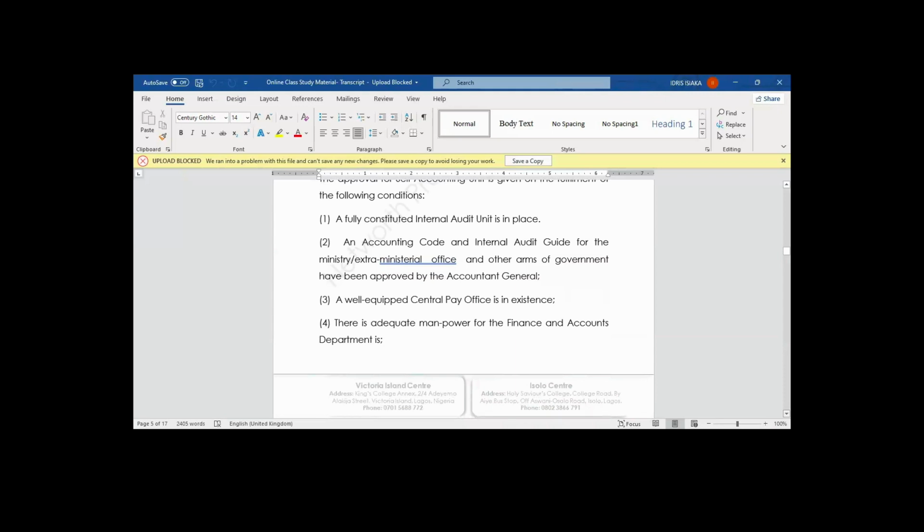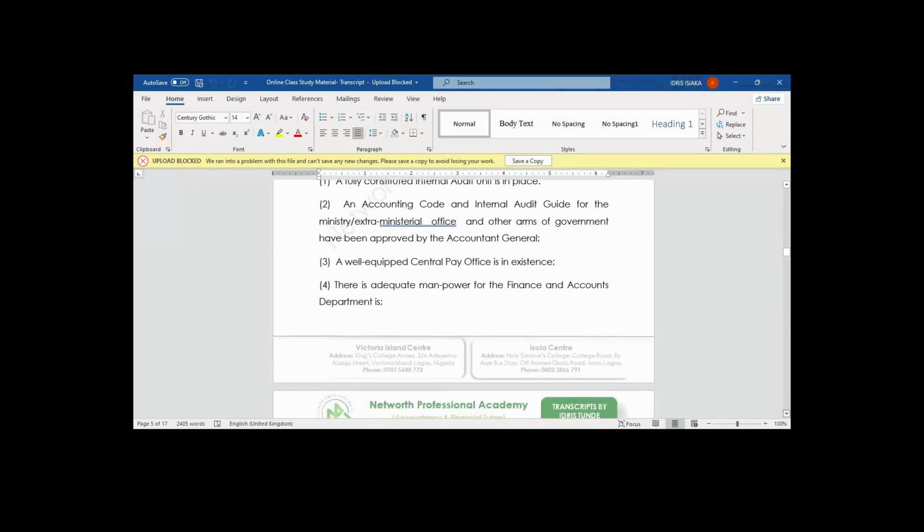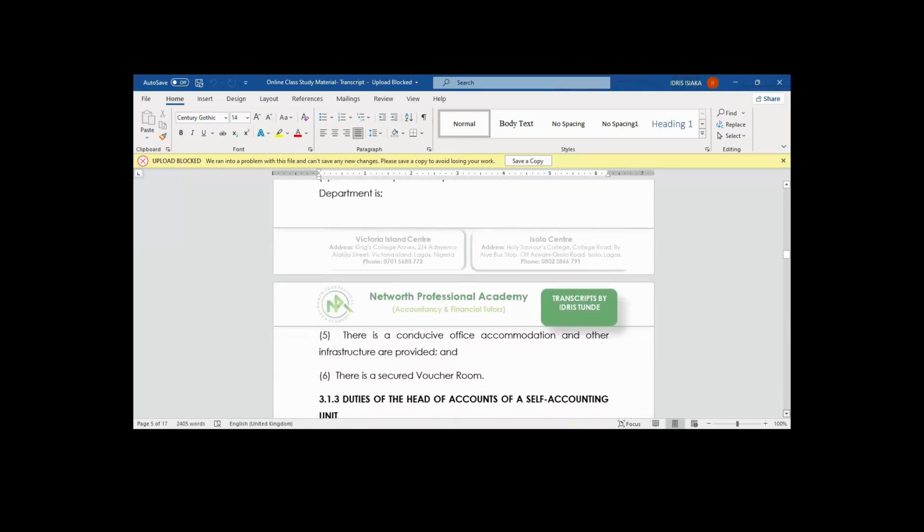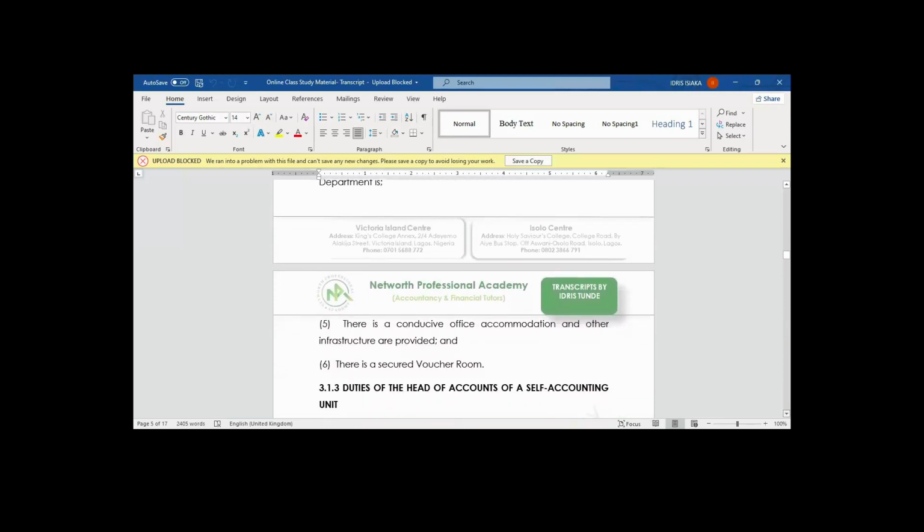Another one, they must have a central pay office. Secondly, they must have adequate manpower for finance and account department. It means they must have a finance and account department. These are conditions to be fulfilled before you can be regarded as a self-accounting unit. Another condition, they must have a secure vouchers room.